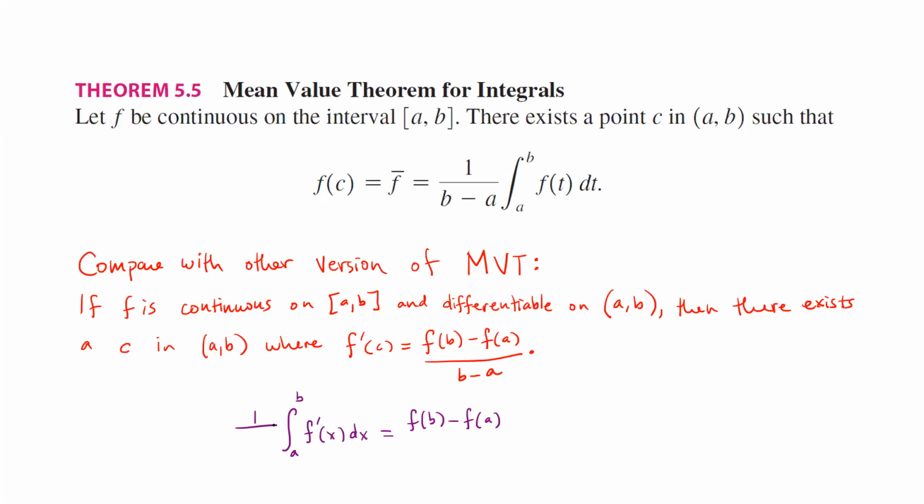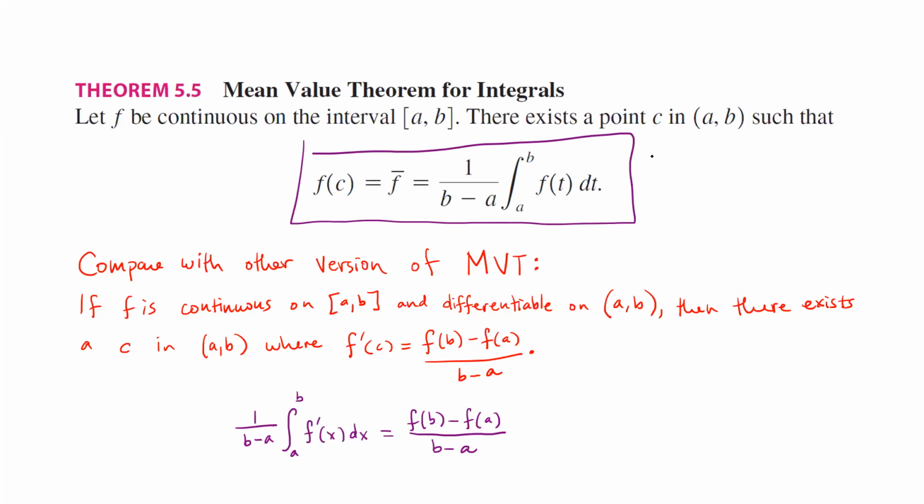And then if I put 1 over b minus a here, you actually do get a very similar looking version of the theorem. But anyway, this is just a variation of it.